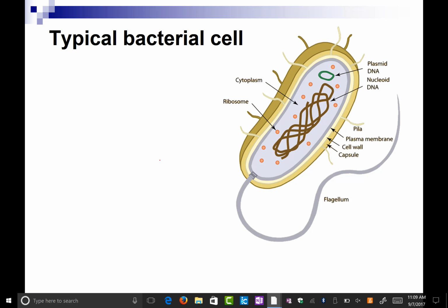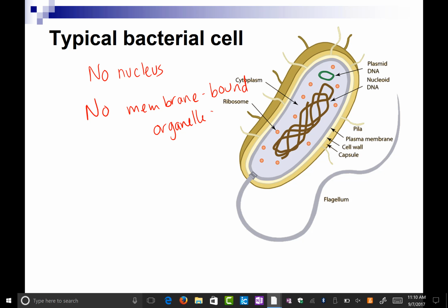A typical bacterial cell has no nucleus and no membrane-bound organelles. We'll talk about that in just a second.